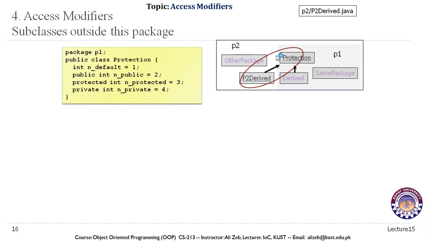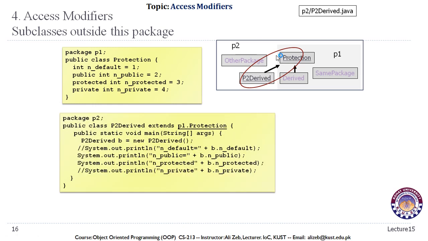So we have this class with the same credentials, and now we have the package P2 that has the class P derived that extends the P1.protection class. And of course we can declare an object of this class.